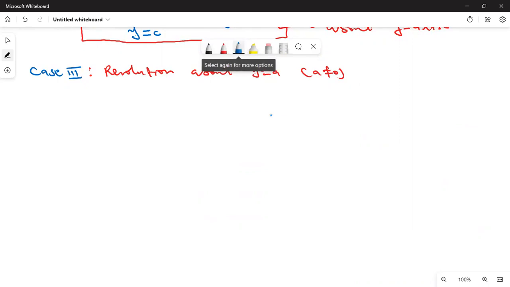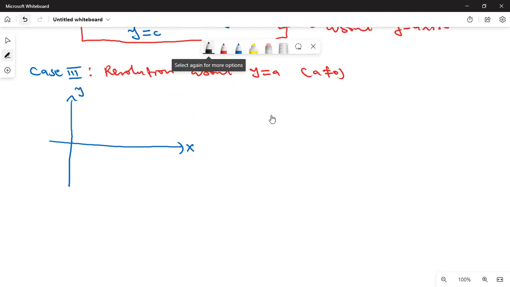So we'll have the y-axis and the x-axis.